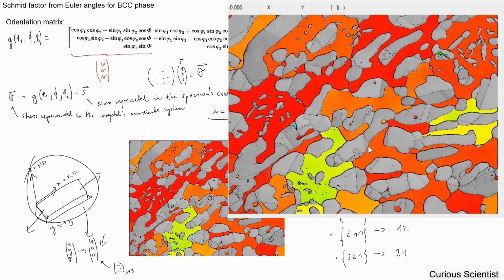So here is our image. You can see it's the same image as here. And then let's check this pixel here, because that was our concern. So I took the Schmid factor from there, and it was 0.483. So let's just click here. And you can see it's 0.481. So it was somewhere from here.